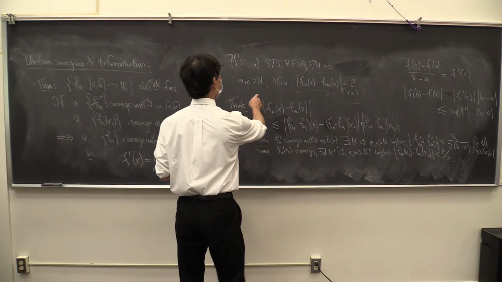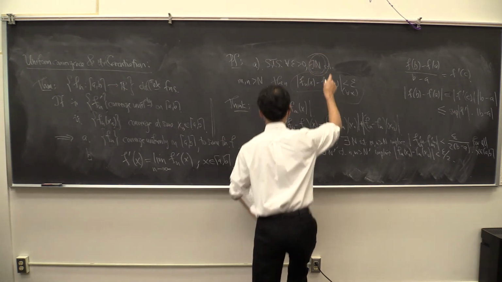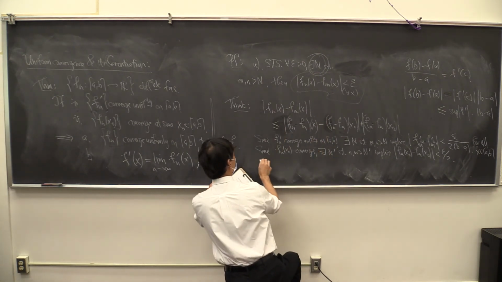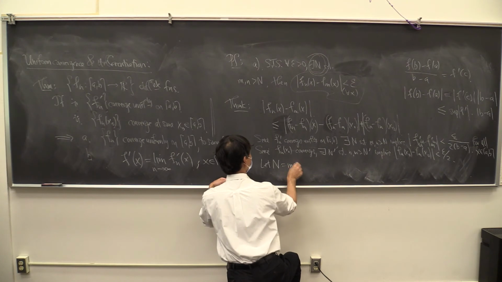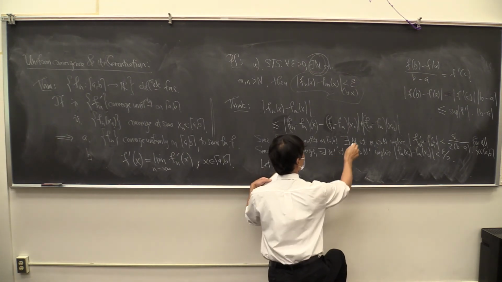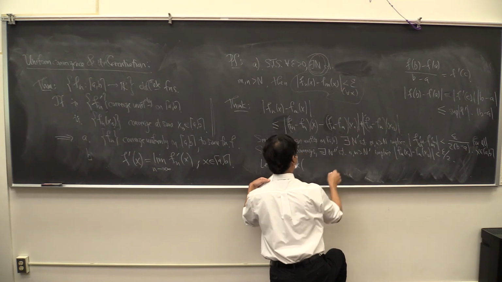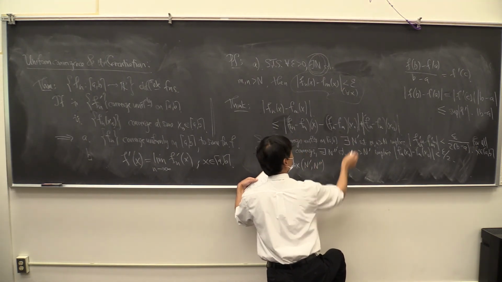Okay, so we wanted a capital N that works. Let capital N be the max of, sorry, let me call this n prime and this n double prime. The max of n prime and n double prime.